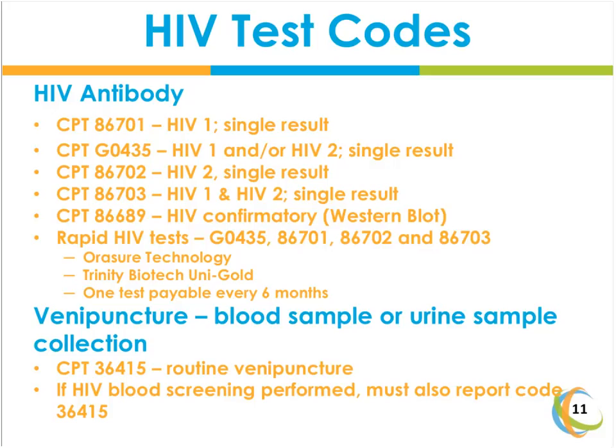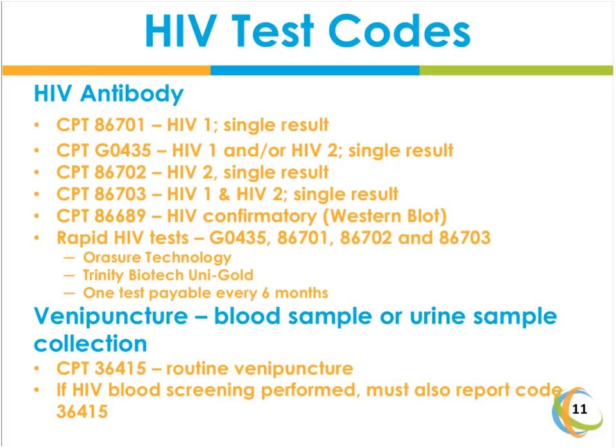You also have CPT code 86703, which comprises HIV-1 and HIV-2, the single result. And so again, you need to just follow up with your local Medicaid agency to see if they prefer your G code, G0435, or the CPT combo 86703.